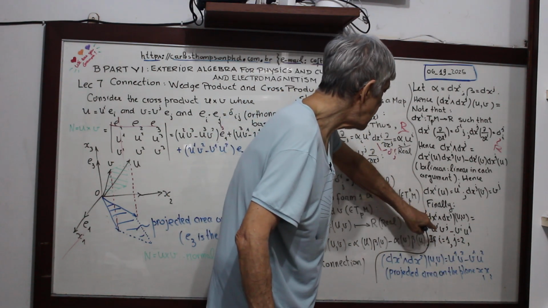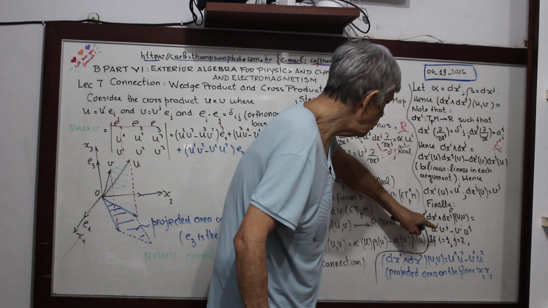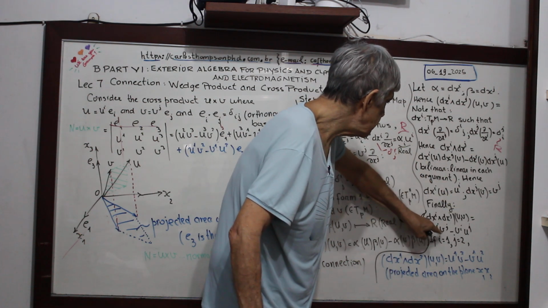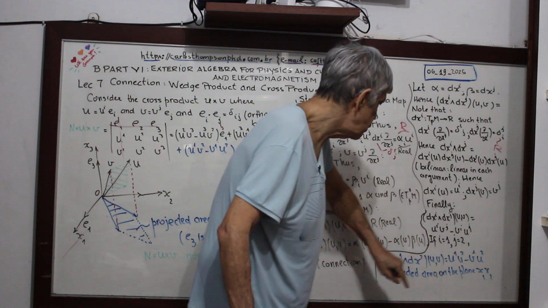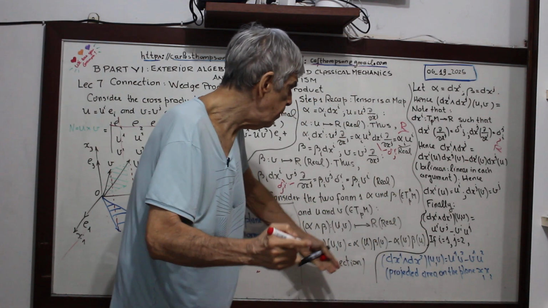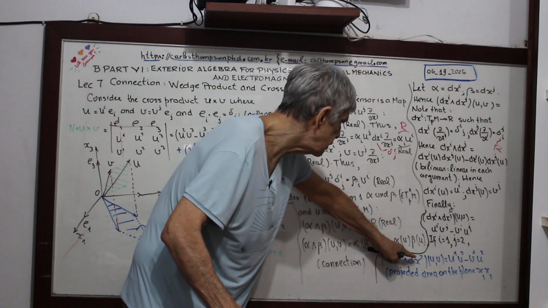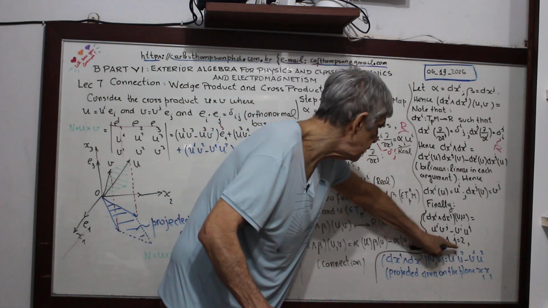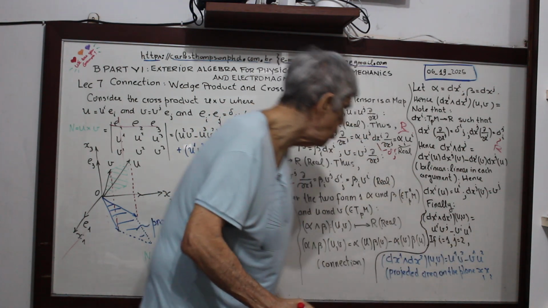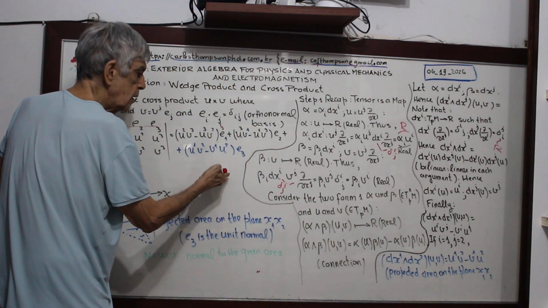Finally, dx^i wedge dx^j applied to U and V is U^i V^j minus V^i U^j. Now, if i is equal to 1 and j is equal to 2, this is the connection: dx^1 wedge dx^2 on (U, V) is U^1 V^2 minus V^1 U^2. You just look here at the blue one over here.